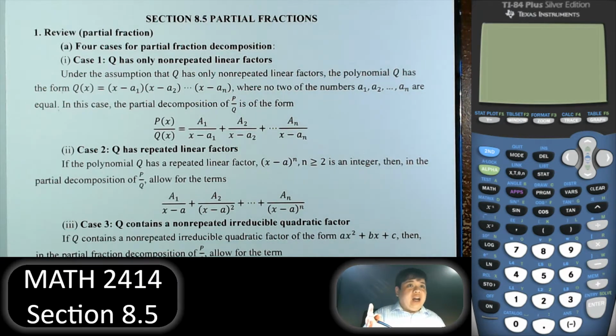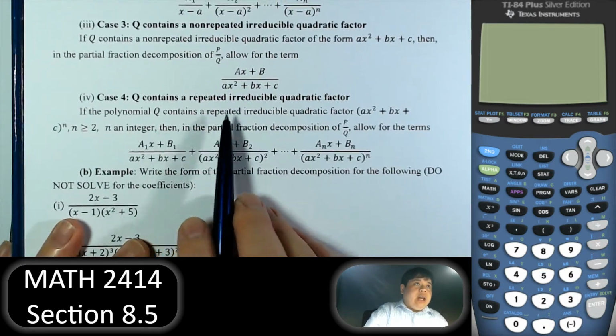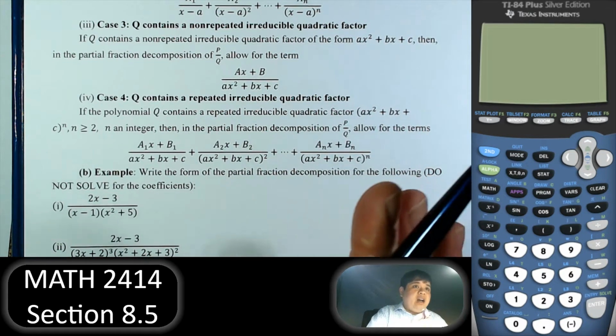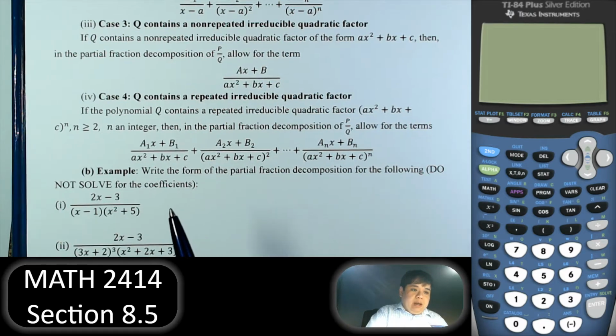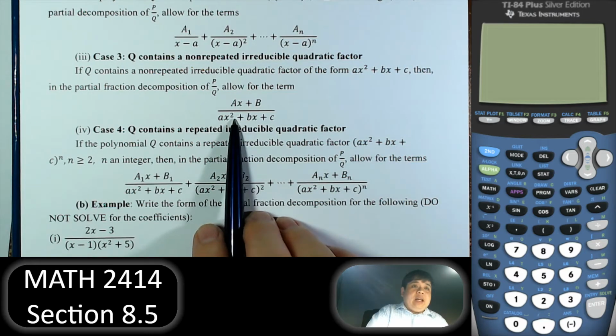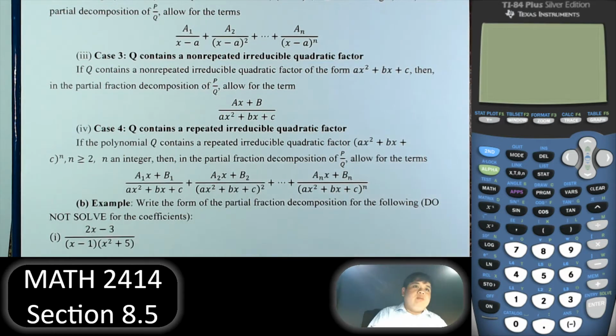It cannot be any higher than that. And the quadratic here is irreducible, meaning that we cannot factor it into anything smaller. So either a linear or quadratic factor, right?